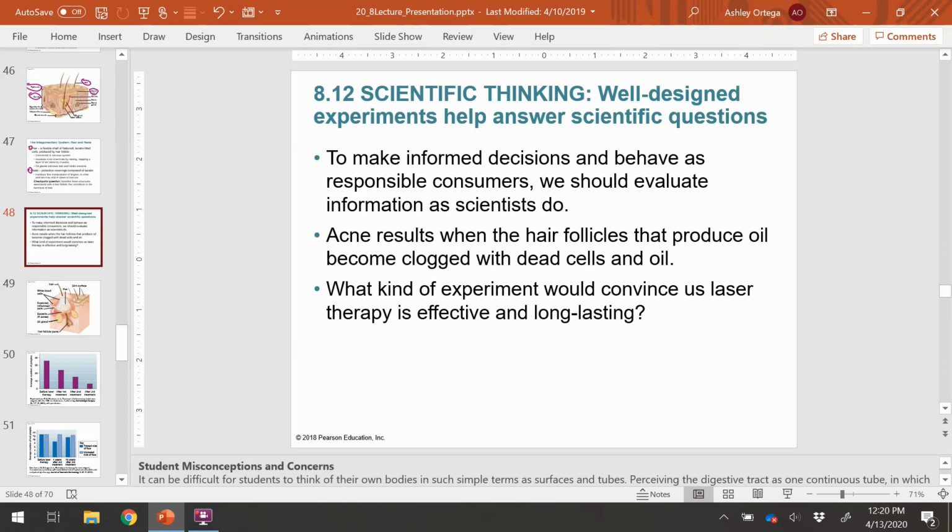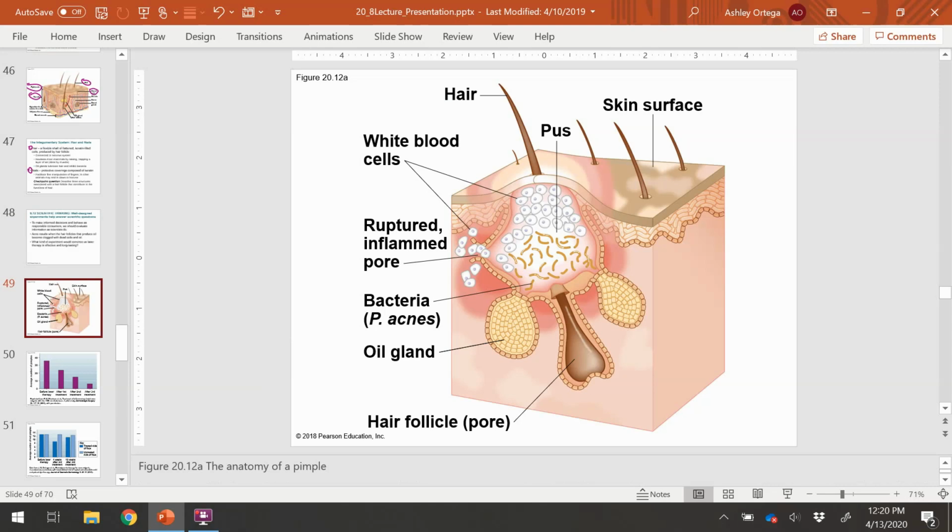To destroy that dead cell and oil region, you're going to have to recruit other cells to do so. What you can see here in this example of acne forming is that you have oil glands that are over-secreting, and this has got the attention of some bacteria in this case.